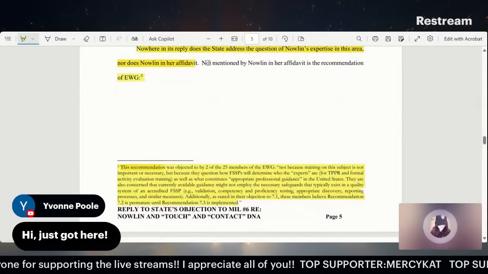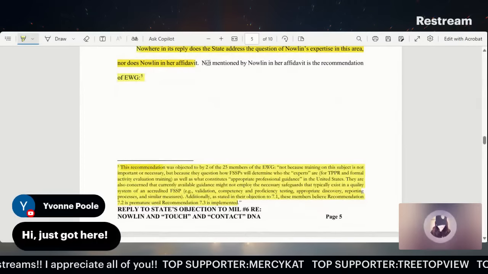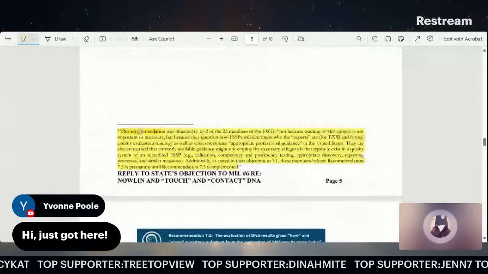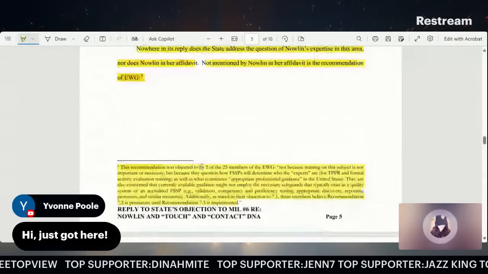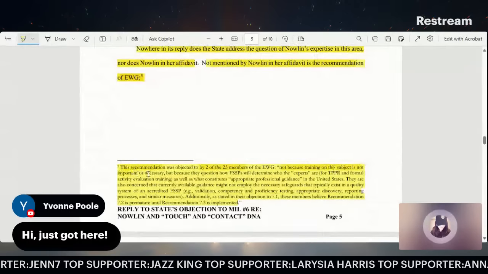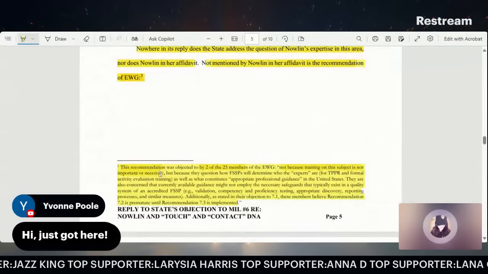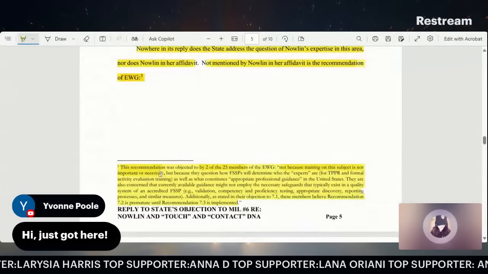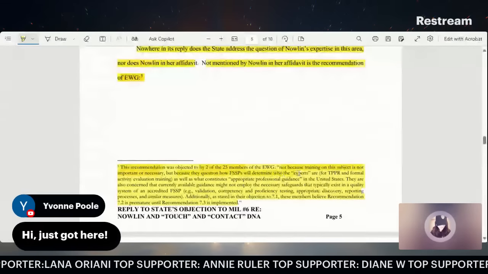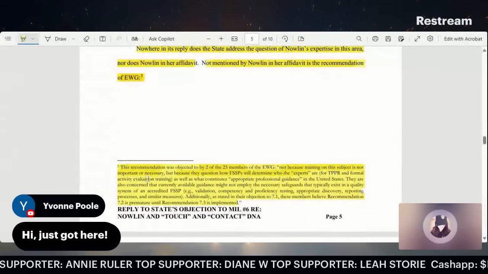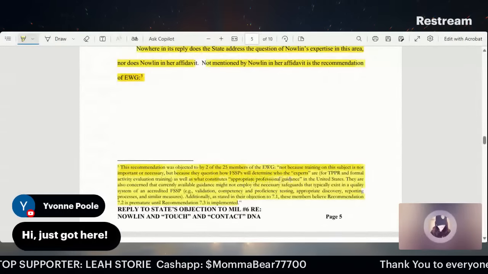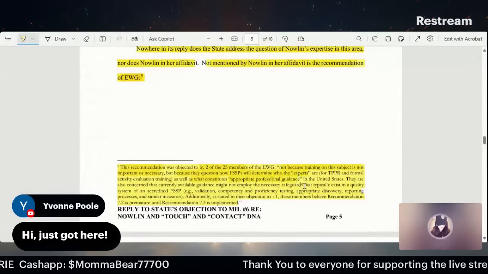This recommendation was objected to by 2 of the 25 members of the EWG, quote, not because training on this subject is not important or necessary, but because they question how SPs will determine what experts are for TPPR and formal activity evaluation training, as well as what constitutes, quote, appropriate professional guidance in the United States.